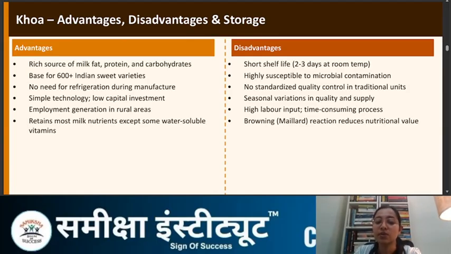So these are all the disadvantages. Better quality khoa needs to follow scientific production processes, or good manufacturing practices. So tech integration needs to be there. We need to go for better quality raw material, and then better production value.